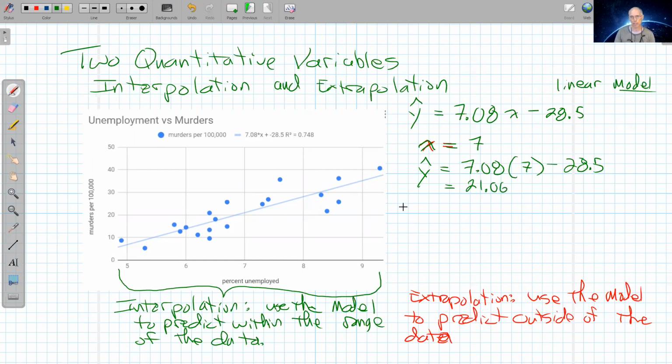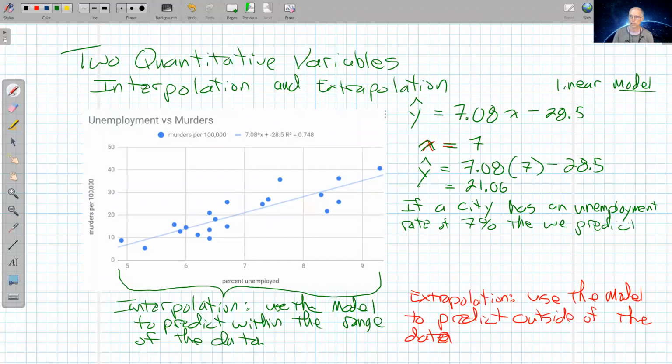Then I can explain what that means. If a city has an unemployment rate of 7%, we predict a murder rate of about, and I'm just going to go with the 21, murders per 100,000 people.